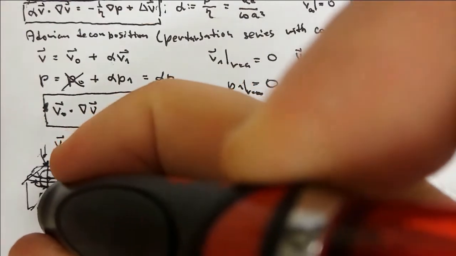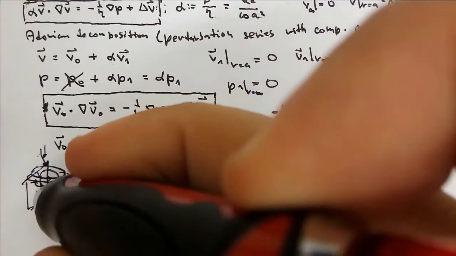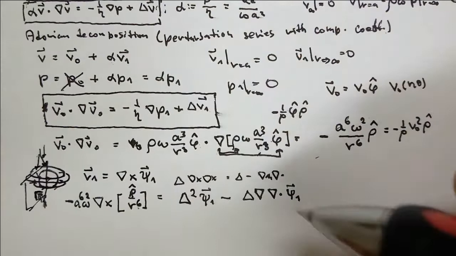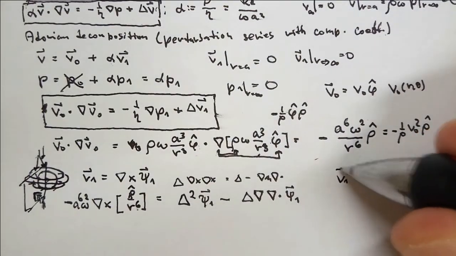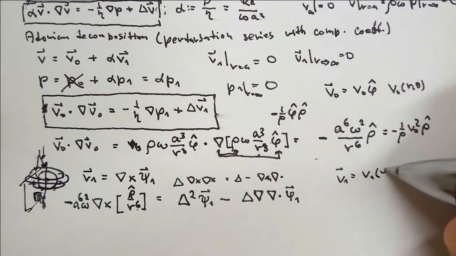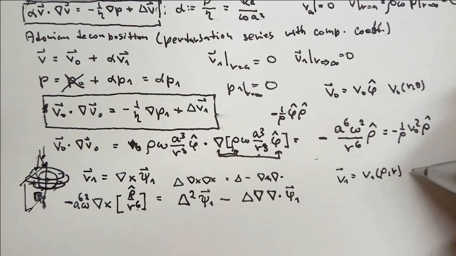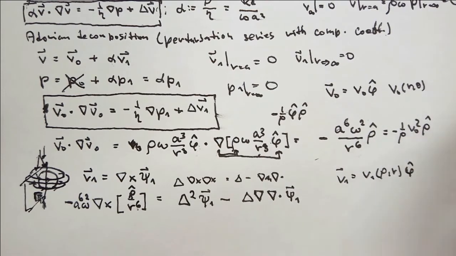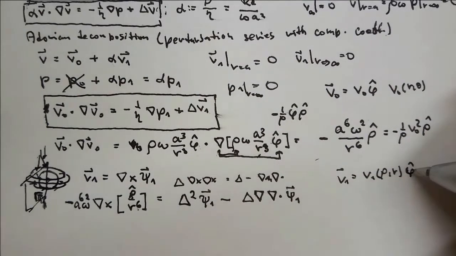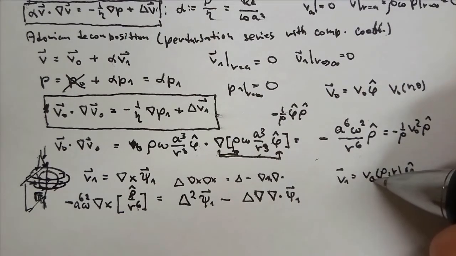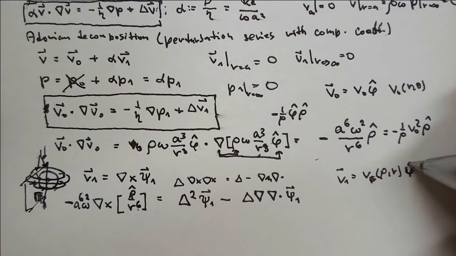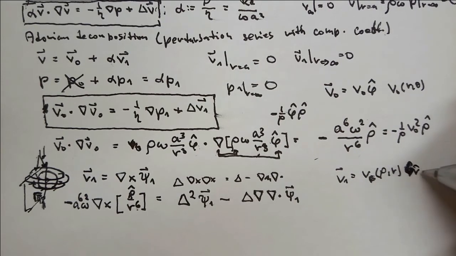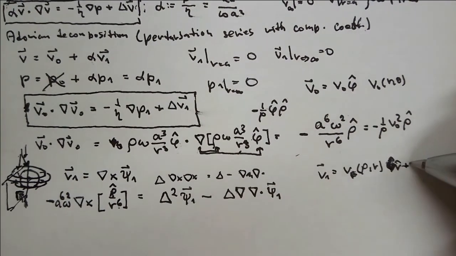So I can assume that the velocity field will be a function of only two variables, for example rho and r, and there is no phi component. This is the r component, plus there is actually no phi component.